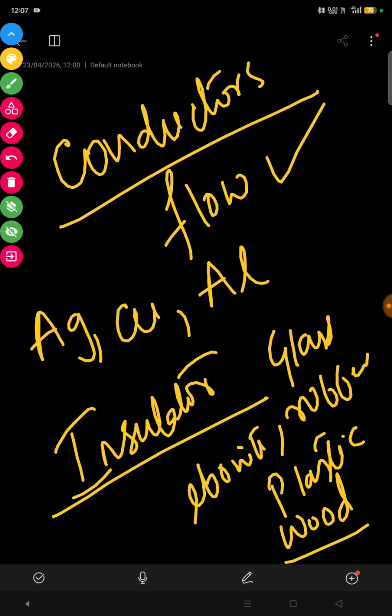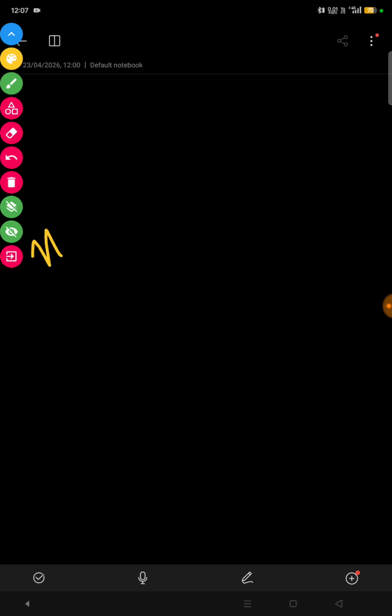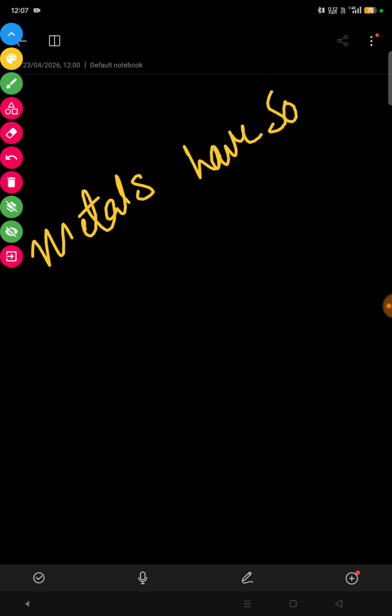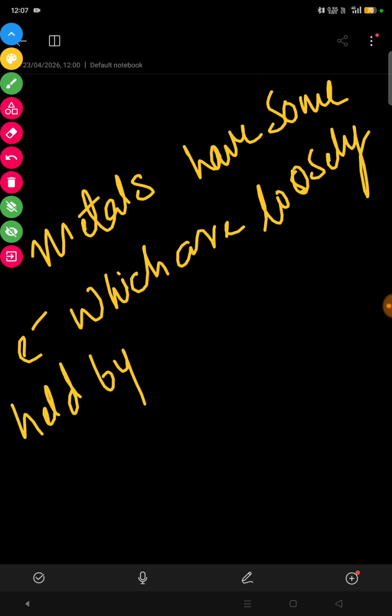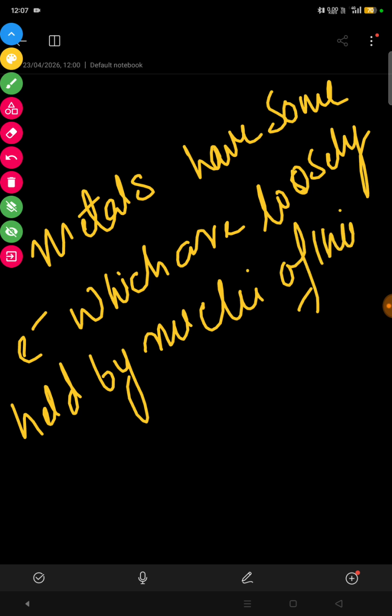All the conductors, like the metals, have some electrons which are loosely held by the nuclei of their atoms. We know that an atom consists of protons and neutrons.